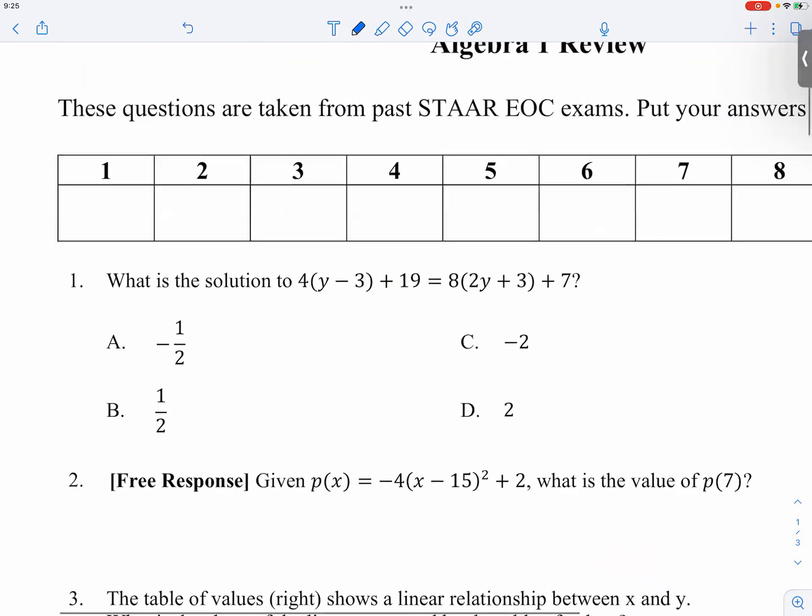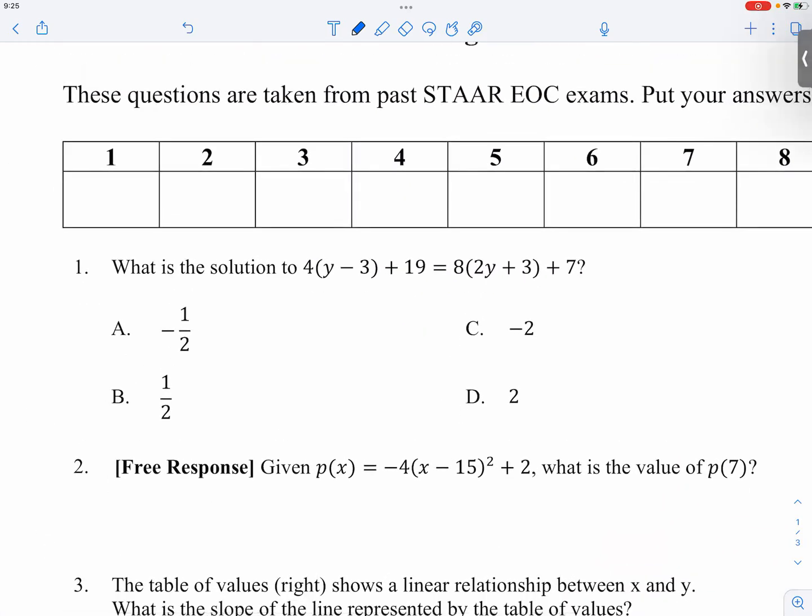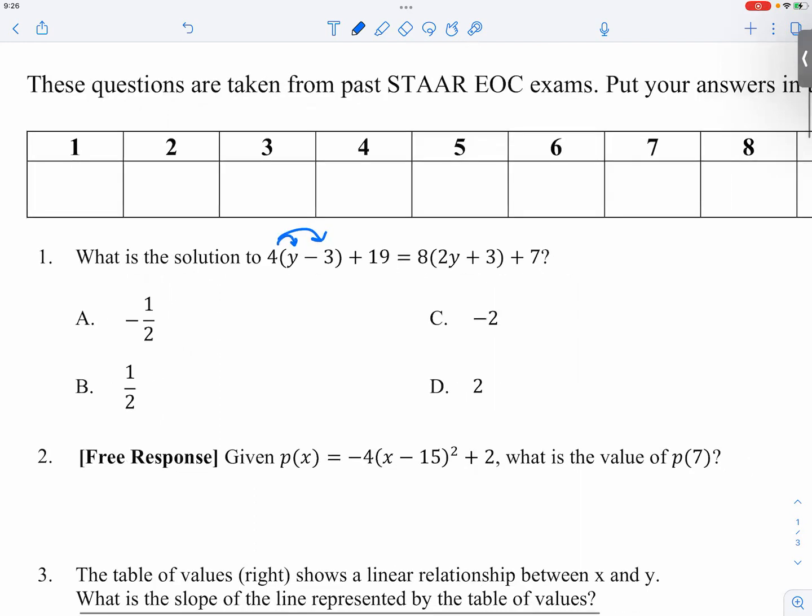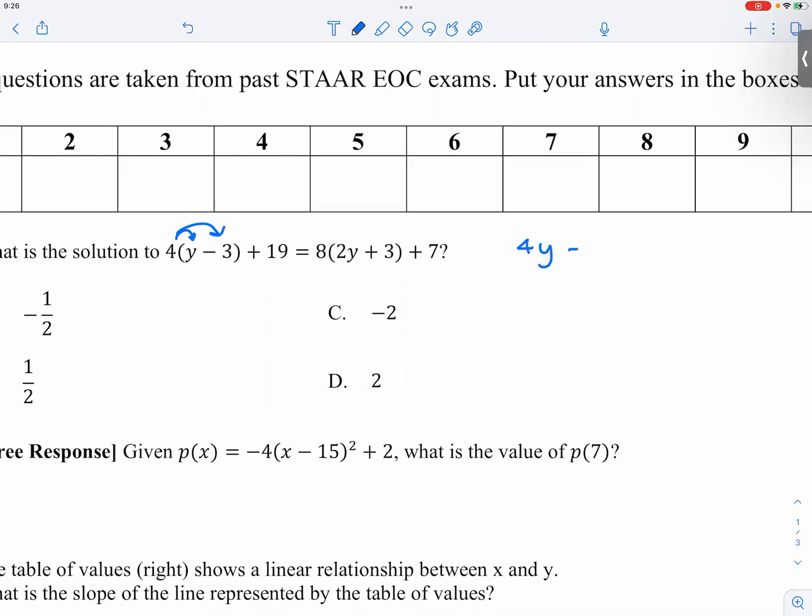Now, for question number 1, the most common mistake that I've seen students making is the failure to distribute properly, okay? So to distribute properly, you will need to make sure that you distribute to both terms, okay? That's one early mistake that people tend to make.